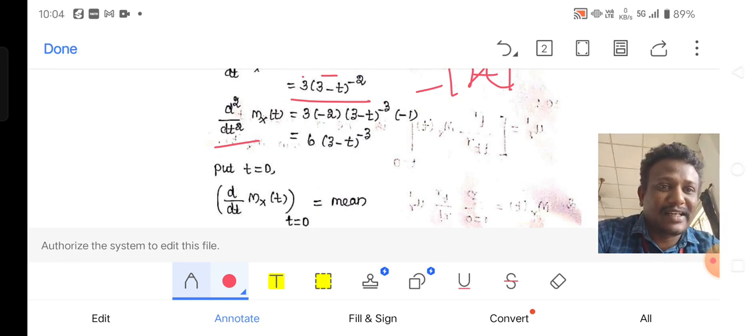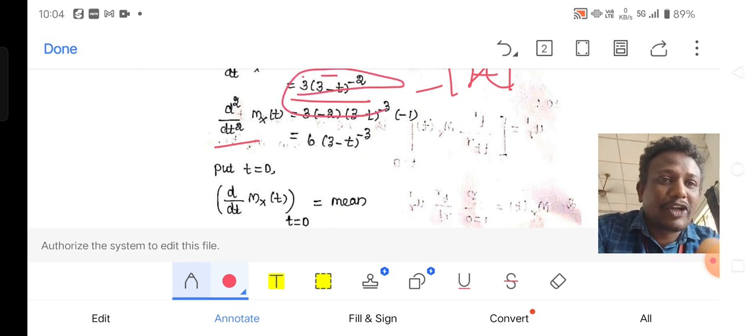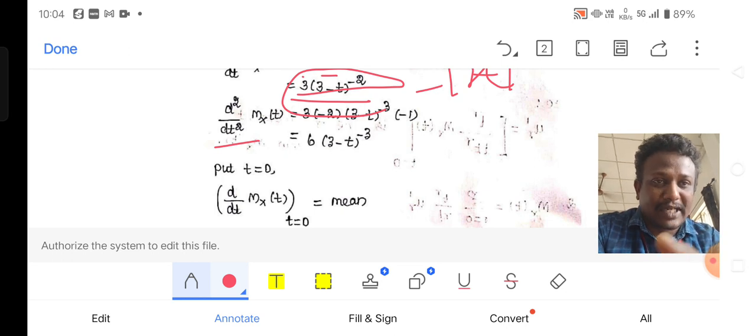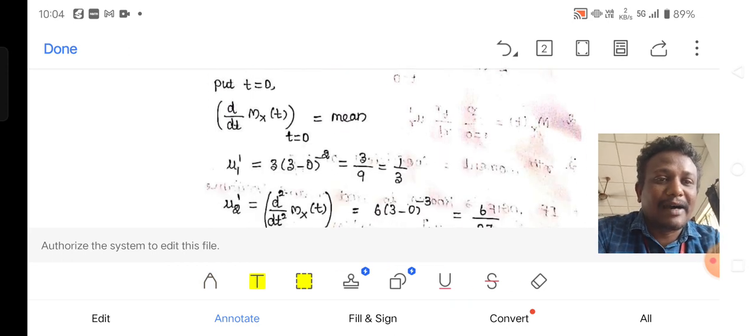So again I use the same formula, and after using the formula I get this result. Now put t equal to 0 in this result and let us see what happens.